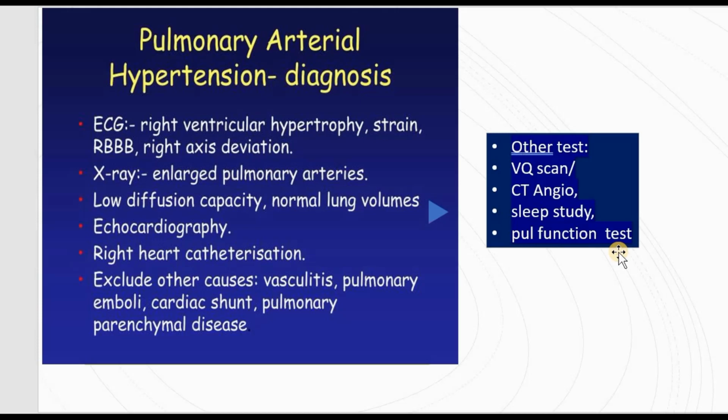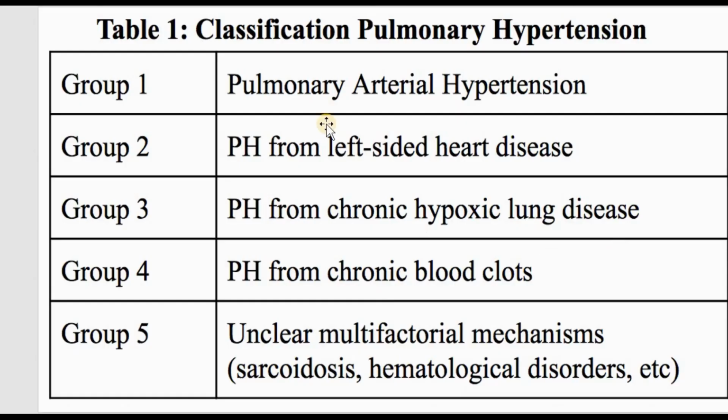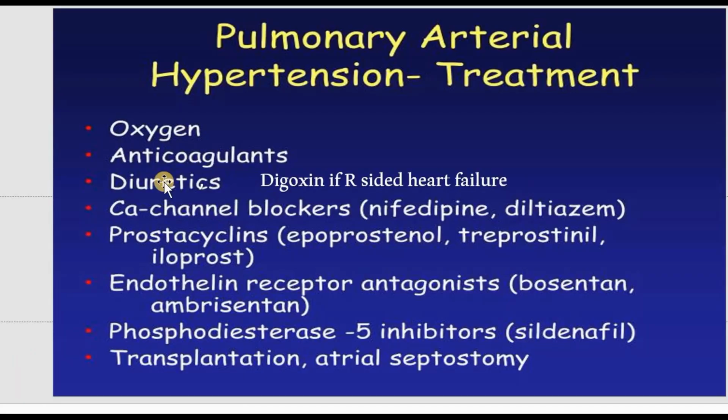Now let's see the management, or the treatment, of pulmonary hypertension. The treatment depends upon the causes of pulmonary hypertension, and the medications are mainly beneficial for group 1. It's because the other groups have a significant cause, and this cause needs to be treated. So the general management includes oxygen.